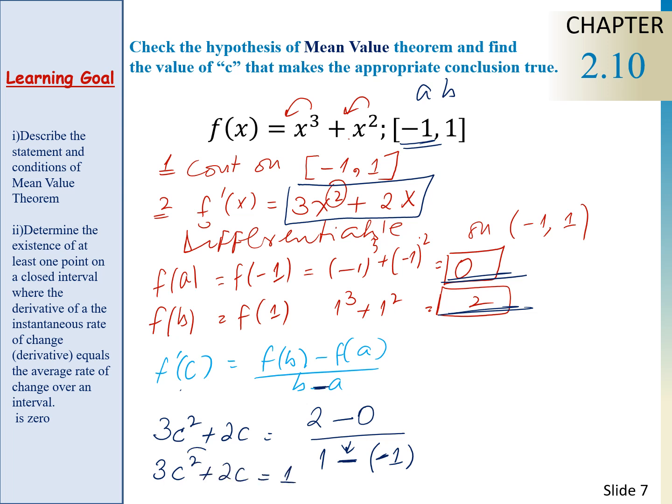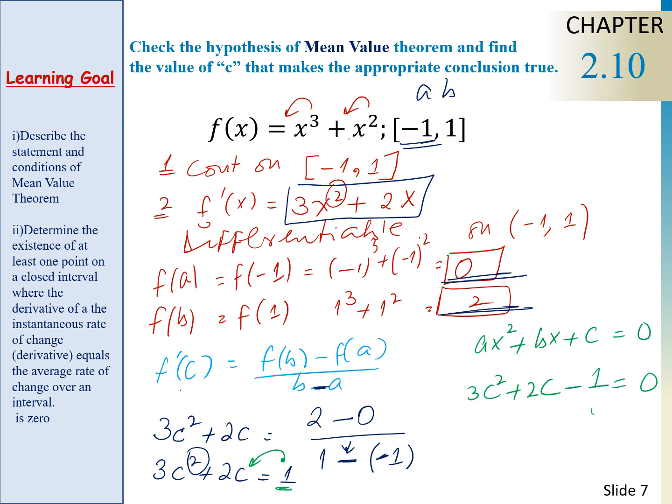So you will get 3c square plus 2c equals 1. Now since it is a quadratic equation, to solve it the equation must be written in the form of ax square plus bx plus c equals 0. So to make this equation equal to 0, bring the 1 over here. So you will get 3c square plus 2c, and the 1 goes to the other side of the equal sign and gives you negative 1.